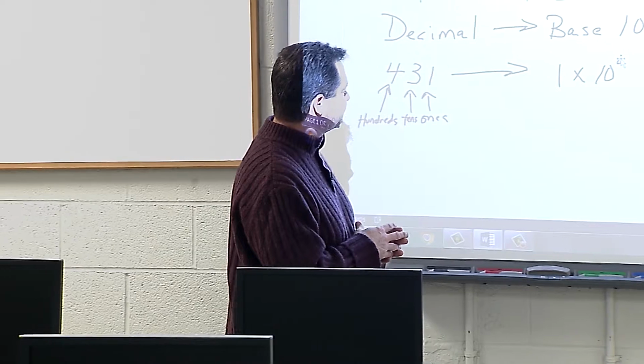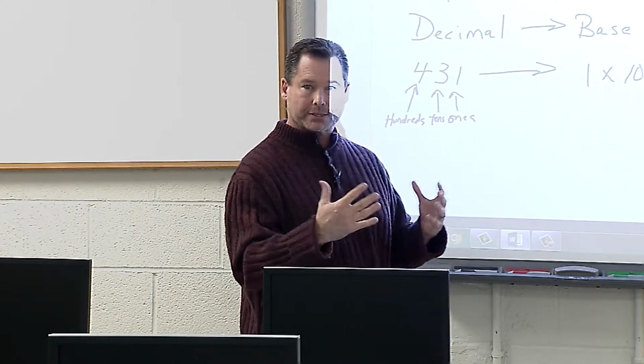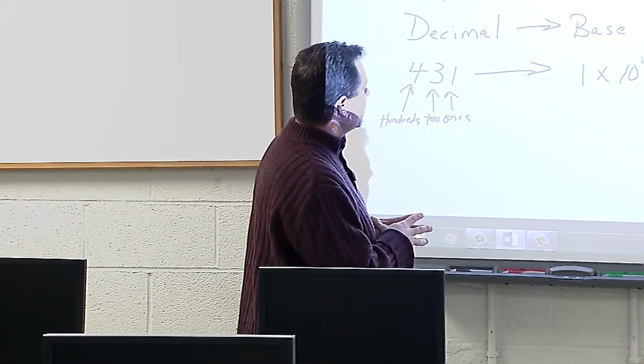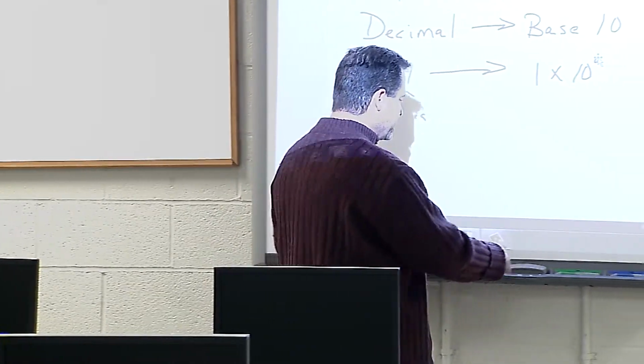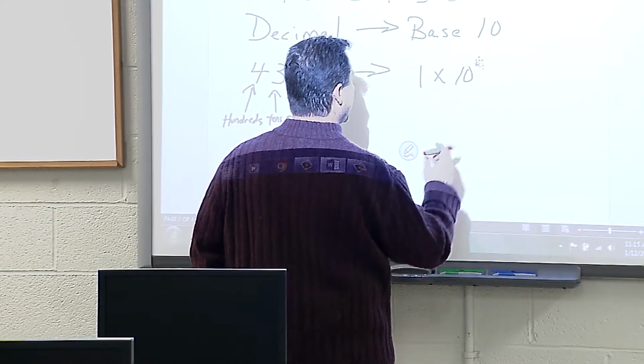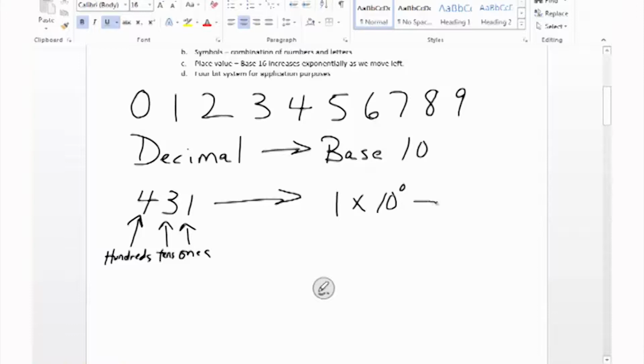In this particular case, it's 10 to the 0. We've raised it to a power of 0. And any number raised to the 0 power is simply 1. So this is going to be 1 times 1, which gives us the value 1. And that's what we have in that ones place.